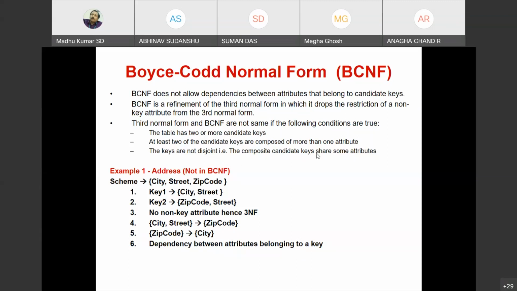The composite candidate keys share some attributes, and at least two of the candidate keys are composed of more than one attribute. In such cases, BCNF is found to be better than 3NF.